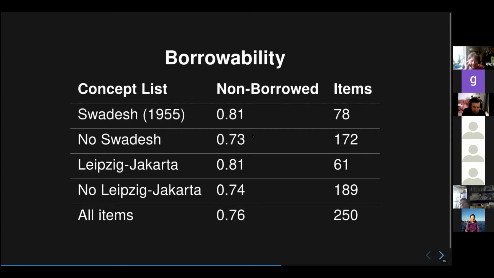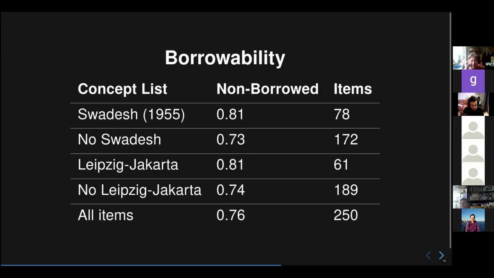But if you look at that, you can see a striking difference between Swadesh, 81%, and non-Swadesh, 73%. This is something that you would consider striking. The same seems to apply to Leipzig-Jakarta, where you have 81% again and 74%. But what is interesting for us is to investigate whether this is significant. We can do that by shuffling these 250 concepts, doing a permutation test.